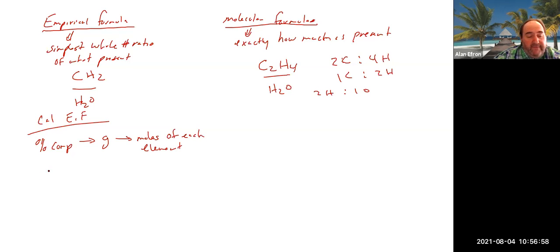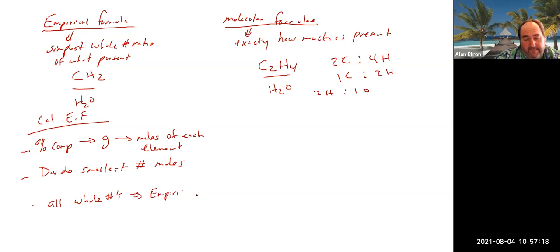You then want to divide by the smallest number of moles. And if you hit all whole numbers at that point, that would then be your empirical formula.